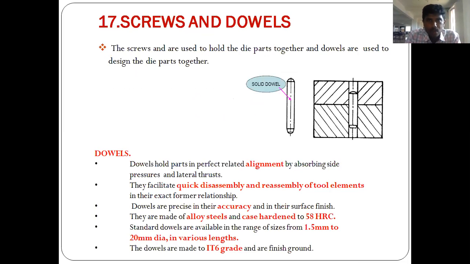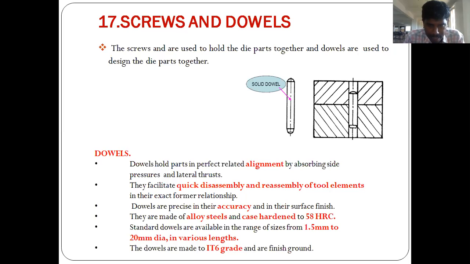Next are screws and dowels, as we discussed. For the screws, we use Allen screws for easy tightening and loosening of the parts. Dowels are also used here for perfect alignment and for absorbing the side pressures and lateral thrust, or side forces. They are easy to assemble, disassemble and reassemble in the tool elements.